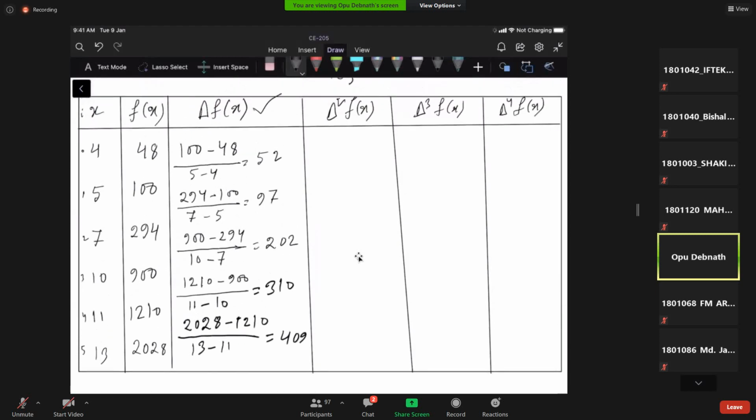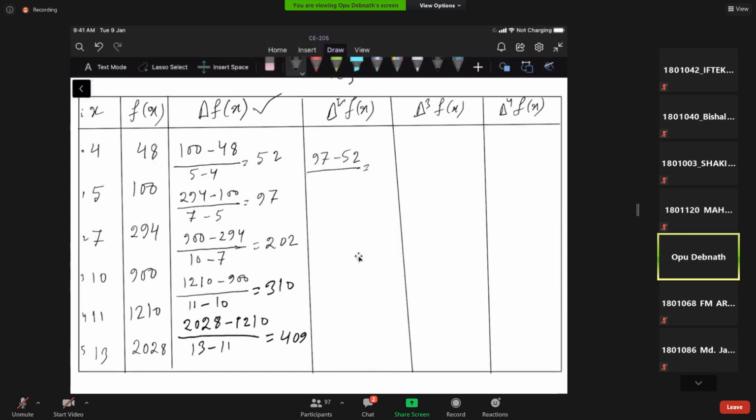And next, for the second divided difference, let's start. Here 97 minus 52 divided by what? Look at this: 5 minus 4, 7 minus 5.